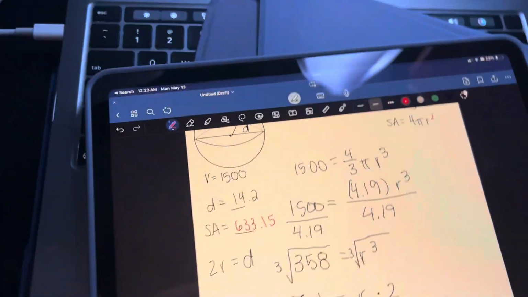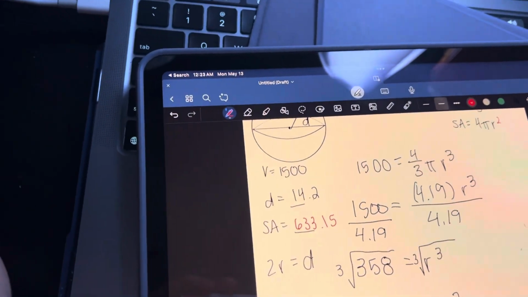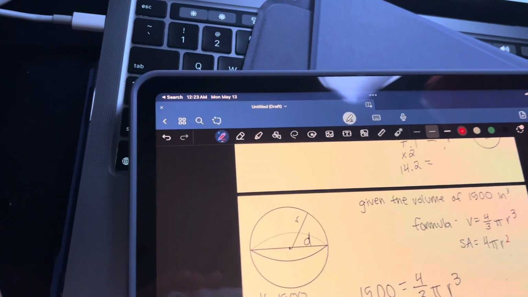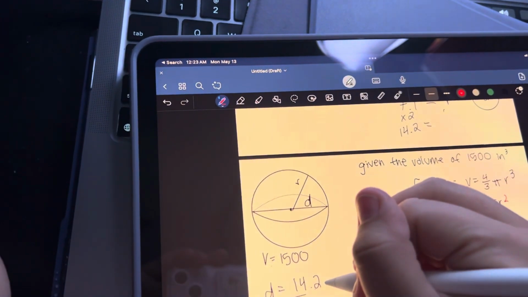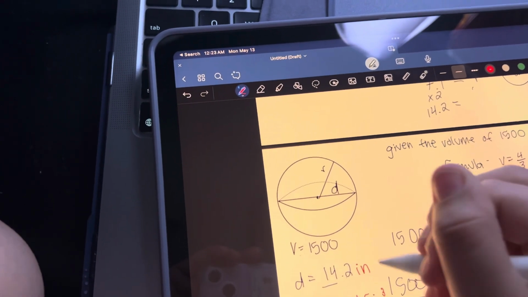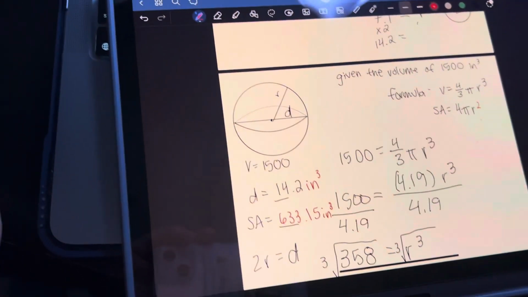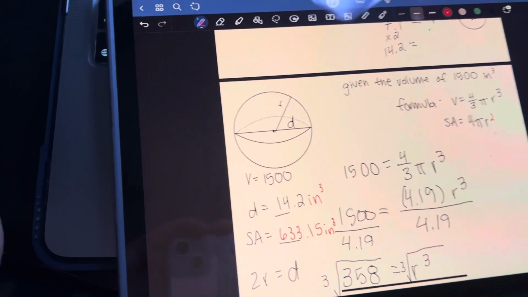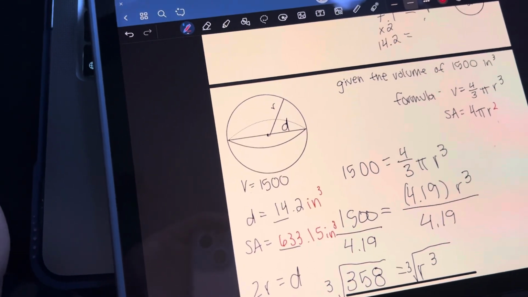And all of these are measured in, what was it, I believe it was inches, so inches. And that's how we get diameter and surface area from volume.